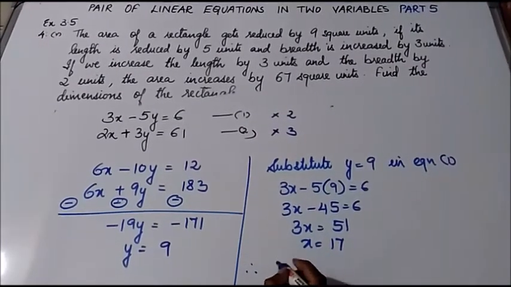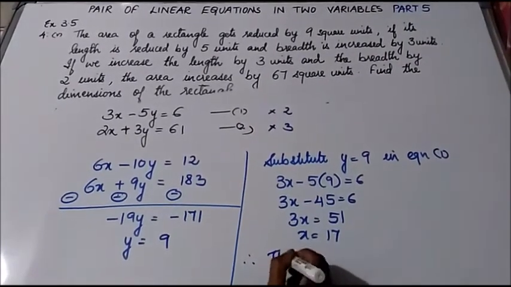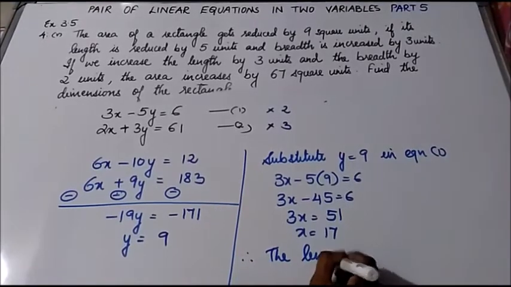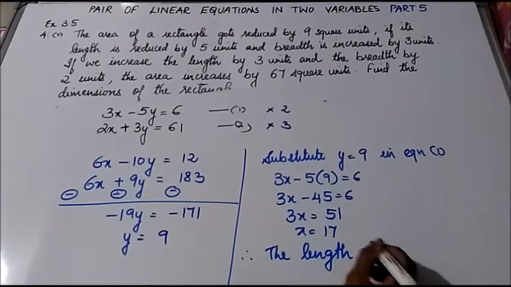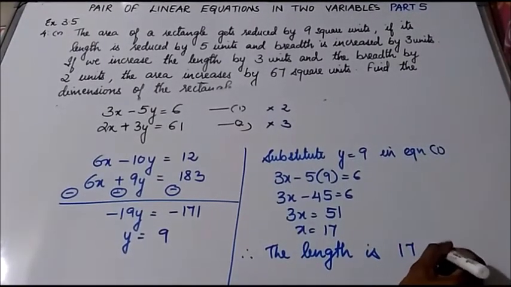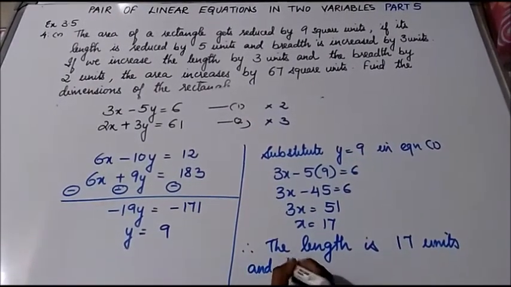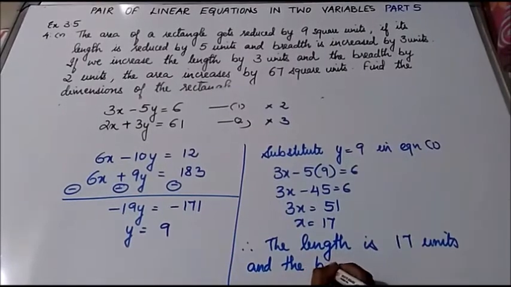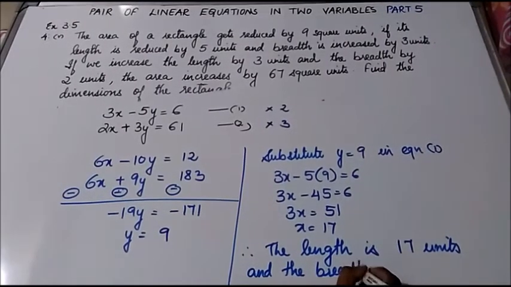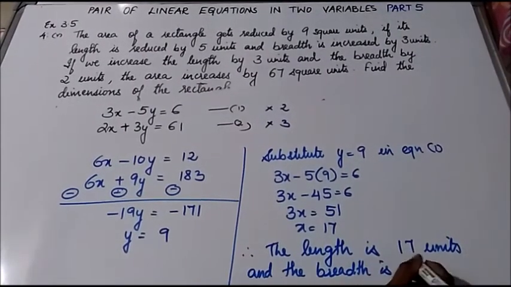Therefore we get the length of the rectangle is 17 units and the breadth of the rectangle is 9 units.